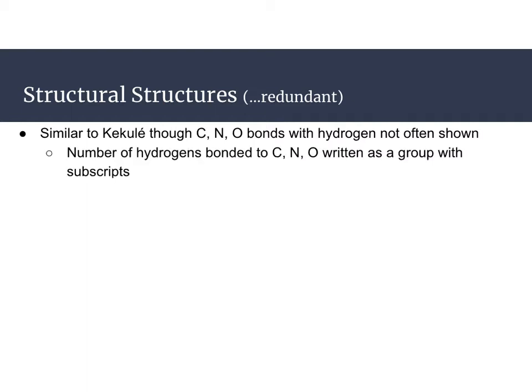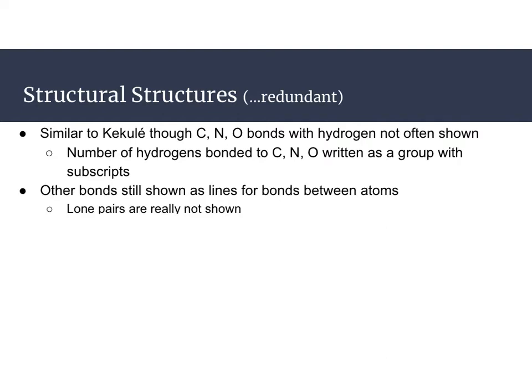So the numbers of hydrogens bonded to those elements are instead written as a group with a subscript, like H2, H3, however many are bonded, or if it's one, there's no subscript at all. And the other bonds between any other elements that are not hydrogen are still shown. And again, lone pairs are often not really shown here either.